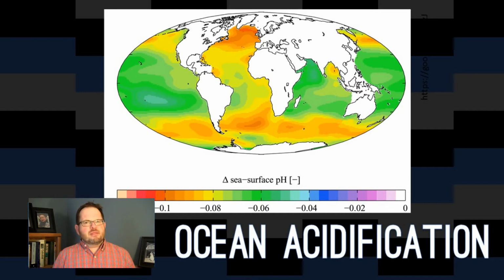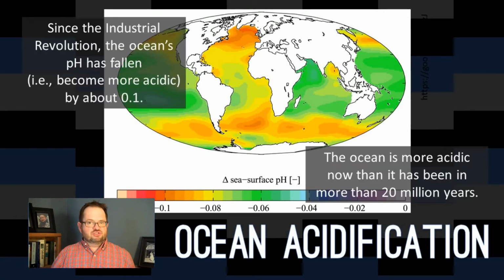Now, you might not remember from grade school or high school science class, but the way we measure the acidity of a liquid is using a measure called pH, where smaller values of pH mean more acidic. Higher values of pH mean it's more basic, which is the opposite of acidic.